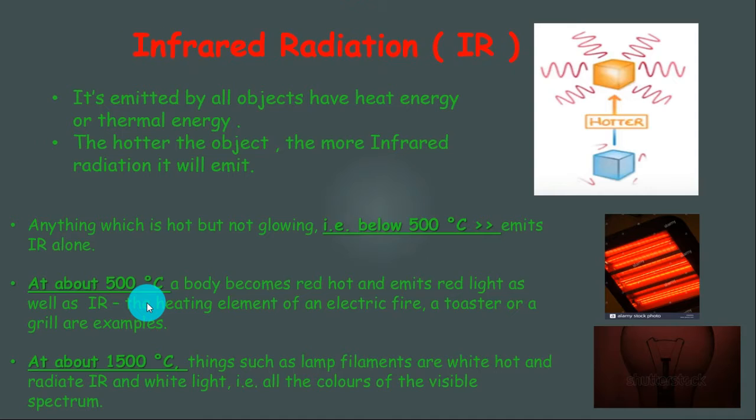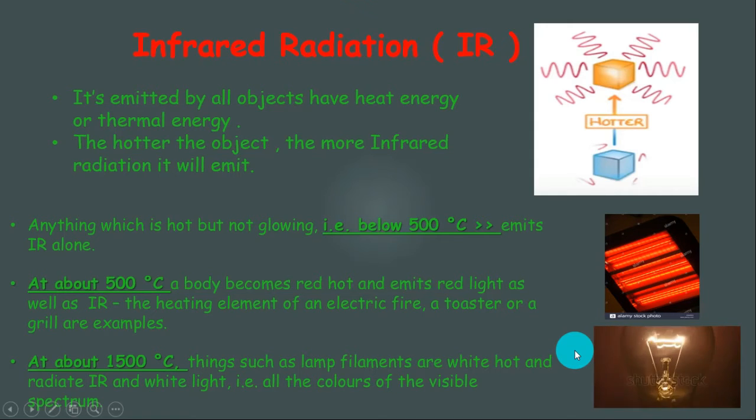The third case, if the object is very hot, about 1500 degrees Celsius, for example the filament of a light bulb. Look here, when the filament glows, it's emitting infrared radiation and white light. White light has all colors of the visible light. These are the three cases for infrared radiation.